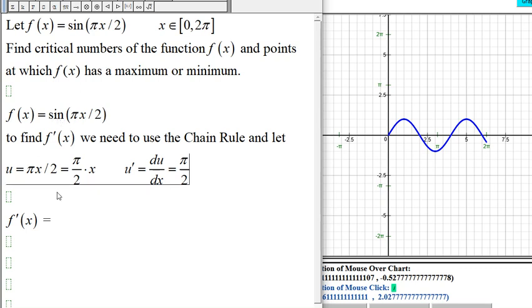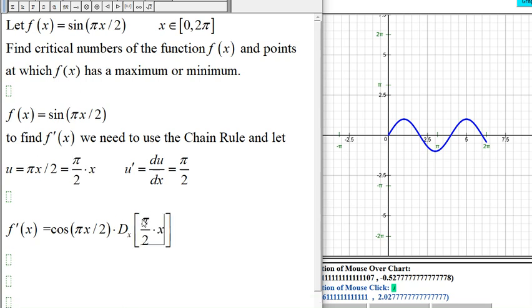Derivative of sine is cosine, and so we get cosine, and then times the derivative of the u of the pi x over 2, which is this. And so this will be cosine pi x over 2, and then times pi over 2.